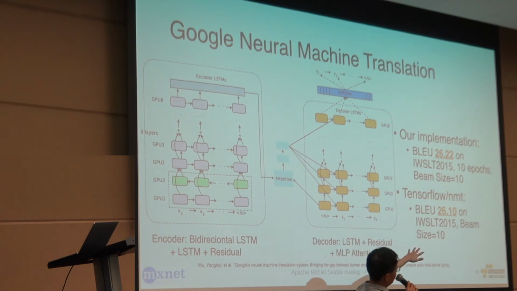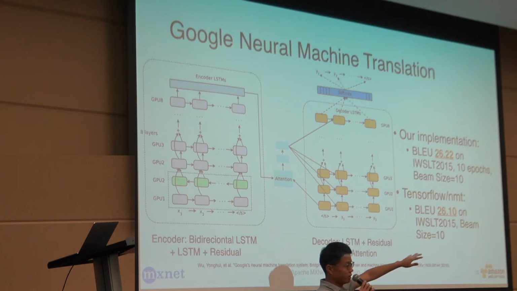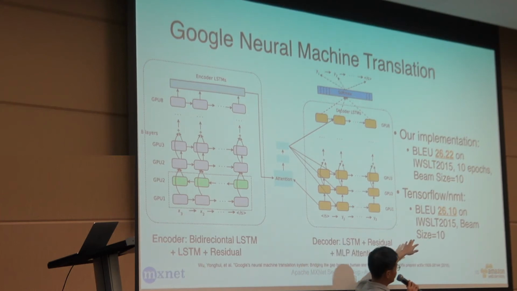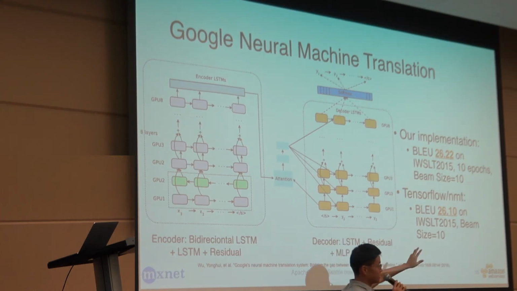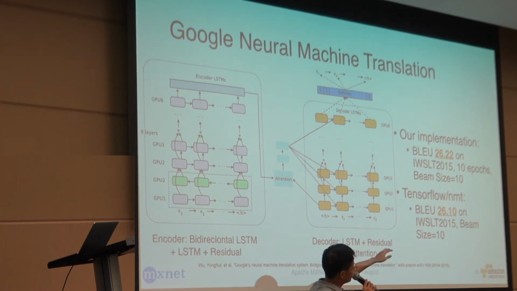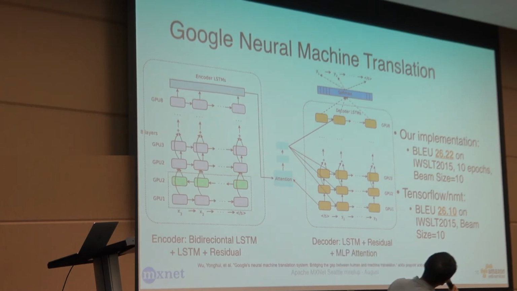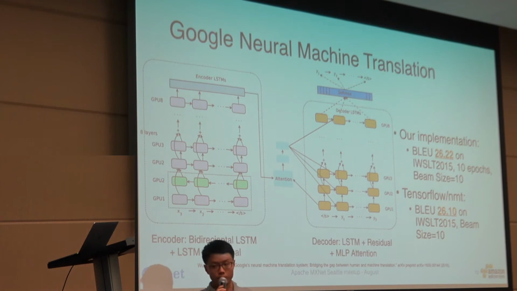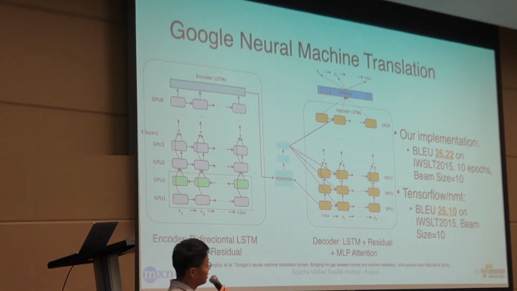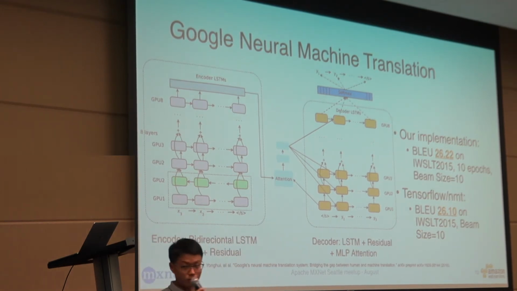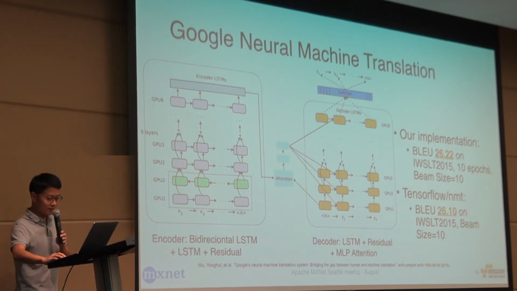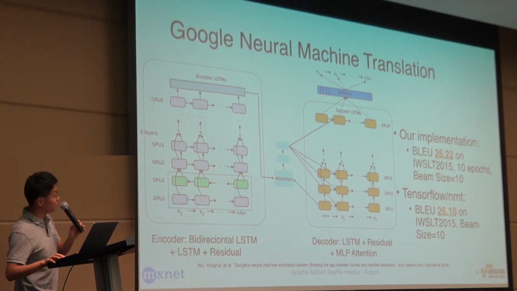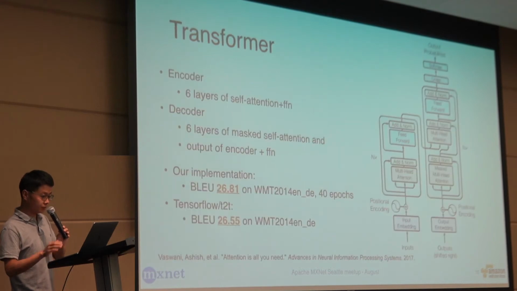We have 26.1 BLEU on one of the benchmark datasets, which is IWSLT 2015. This is one of the benchmark datasets for machine translation, and our implementation can achieve, I think, 0.1 points higher than the original TensorFlow implementation. That's a good thing. Okay, so that's one machine translation model.